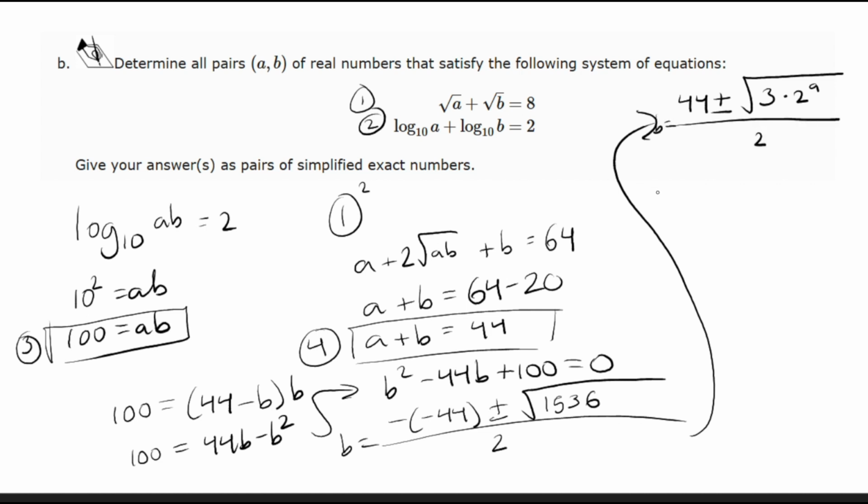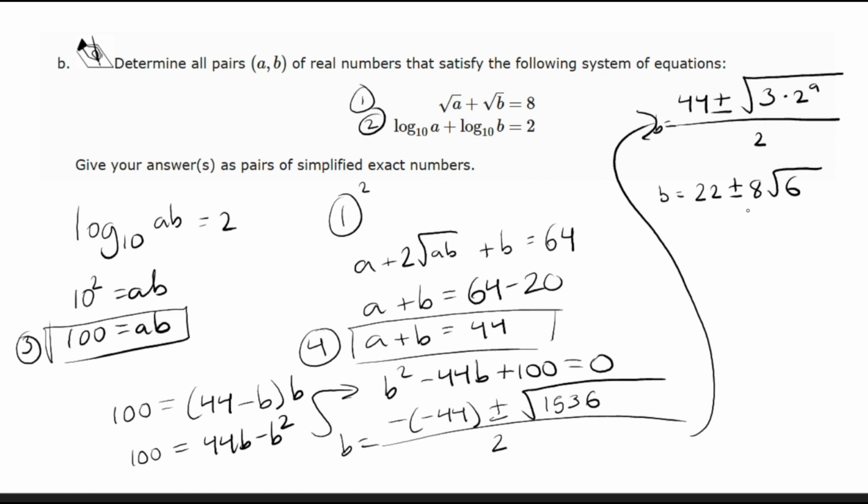And what does that become? I see 2 pairs of 2 to the 4, which is 16. And we divide that by 2, so it's 22 plus or minus 16 over 2 is 8. And we're left with a root 6. Okay, b is 22 plus or minus 8 root 6.